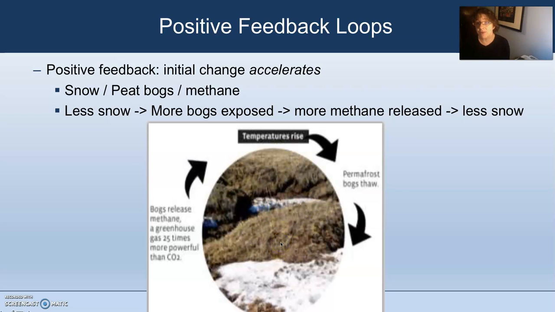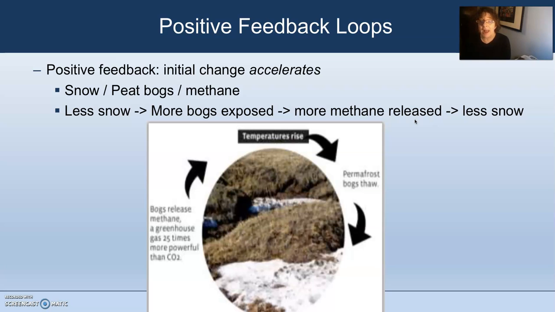When there's more of that peat bog exposed, it's going to release more methane. That methane is not going to be held and chilled under that snow. When there is more methane exposed, it absorbs more radiant energy out of the atmosphere, it warms the atmosphere, and then there's less snow.